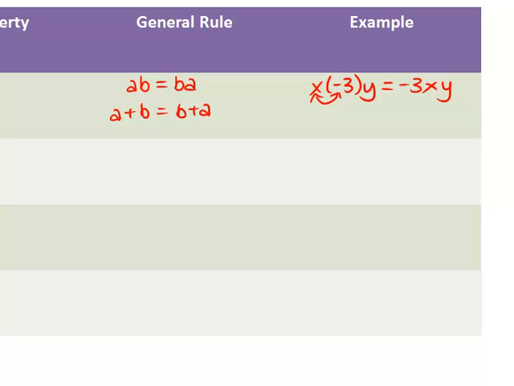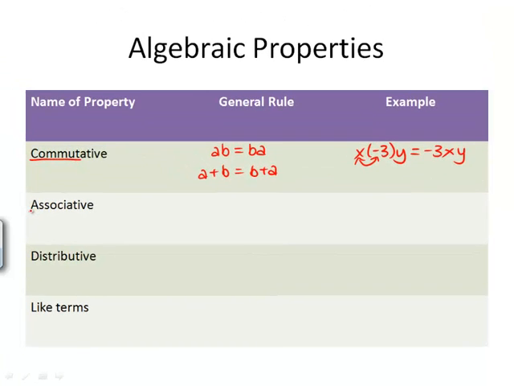The next one is associativity. So the associative property, you can think of associating different terms in different ways. So let's say you had a times b times c. You could associate b and c first, meaning multiply those first and then times a. Or you could associate a and b first. You could do those first and then multiply by c.